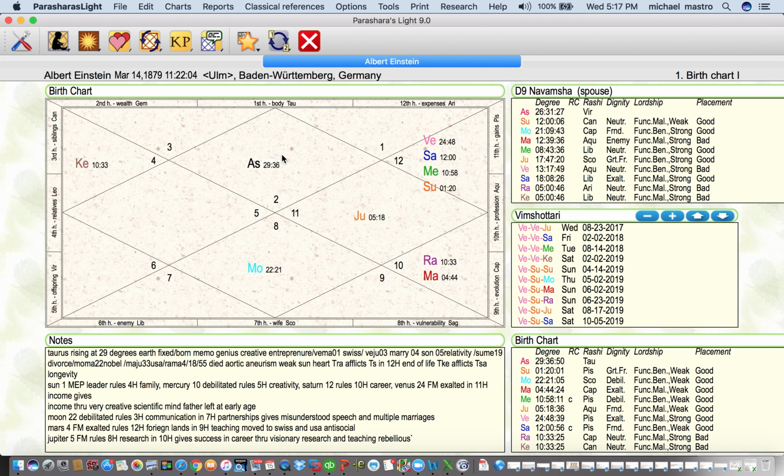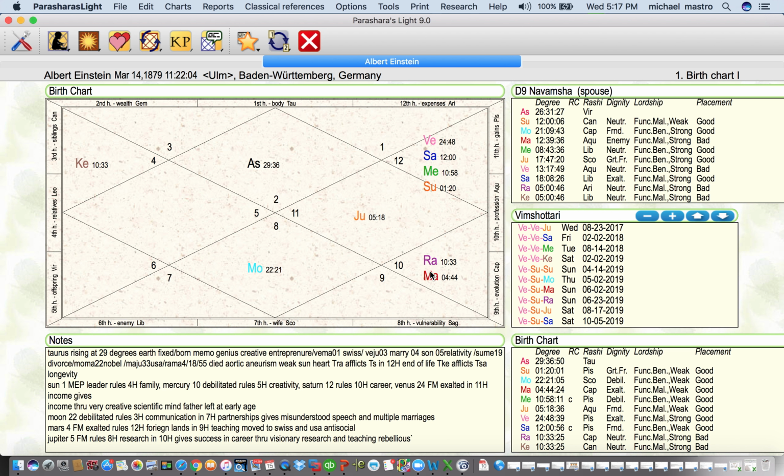Anything within that range. So Venus is within that range, just barely though, so not much. Nothing else within that. So Venus is not afflicting anything, Jupiter is not afflicting anything, Mars is not afflicting anything as well.